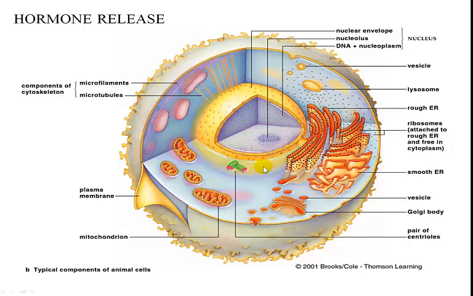For this illustration, we're picturing the gene of a protein hormone being expressed in the nucleus, and the mature mRNA, after the RNA processing, splicing, poly A tail and 5' cap, can then pass through the nuclear pores into the cytosol.